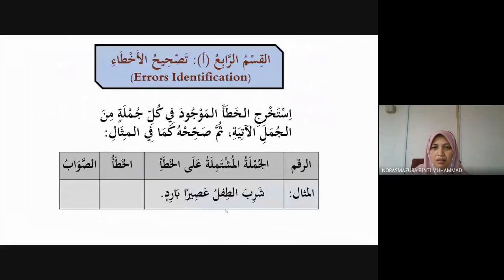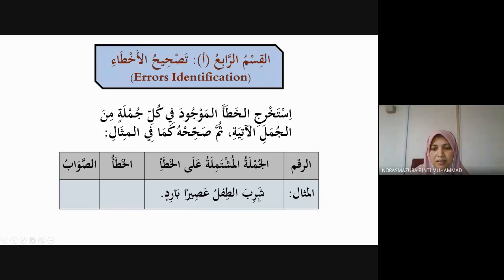Okay, the part 4 in your APT, error identification, tasheehul akhta. For example, you will be given a sentence, so you have to find which part is wrong, put the wrong one here, and then correct it.